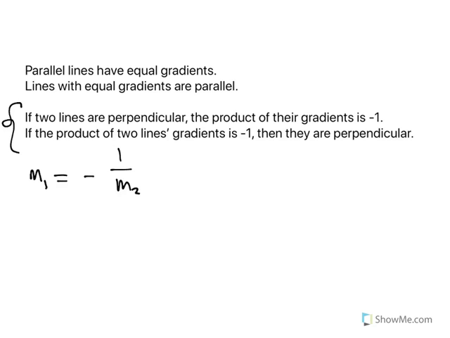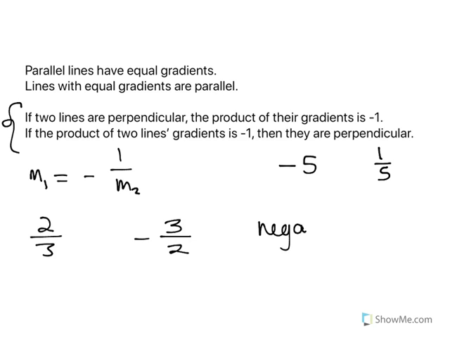So what we mean by that is if we know that two lines are perpendicular and one line has a gradient of 2 over 3, then the other one will have a gradient of -3 over 2. Or if we know that two lines are perpendicular and one line has a gradient of -5, then the other line is going to have a positive gradient, and it's going to be the reciprocal of 5, which will be 1 over 5.